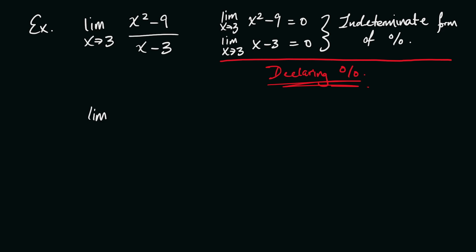The limit as x is approaching 3 of the derivative of x squared minus 9. That is just 2x, using the power rule, and whenever we take the derivative of a constant, it equals 0. So the negative 9 just becomes 0, and the x squared becomes 2x because of the power rule.